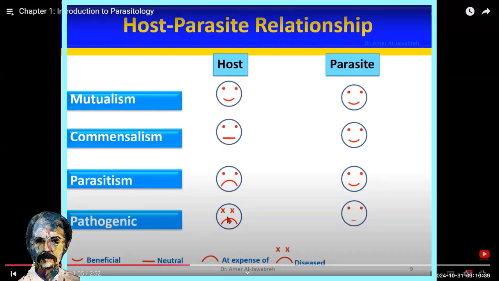They don't destroy you. They just take your food and nutrition. But sometimes, the last one, the parasite gets inside you and multiplies, and not only that, it's damaging: bleeding, multiplication, tissue destruction, tissue enlargement. You can name it. Sometimes you lose your eyesight, everything. So these are the 4 relationships between us humans as hosts and the parasites.